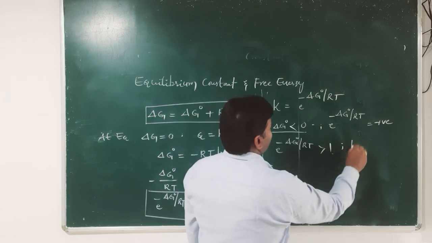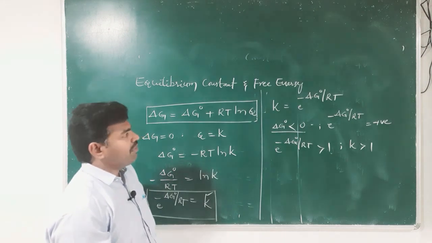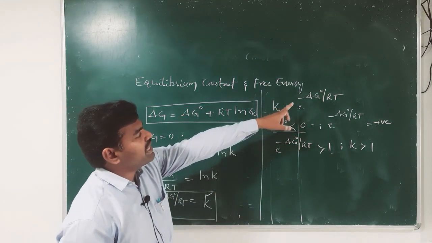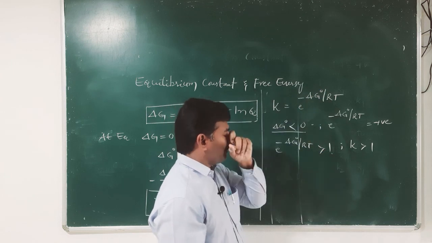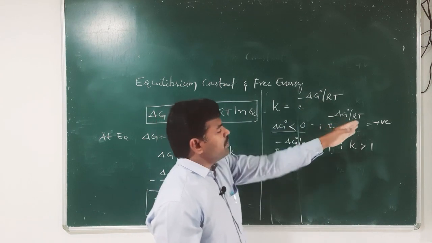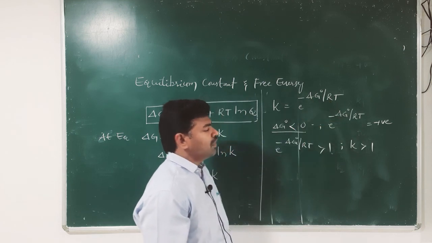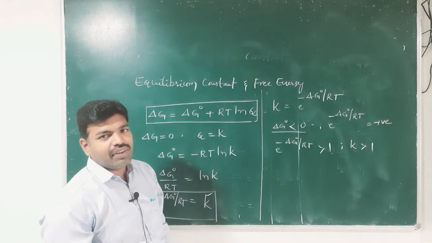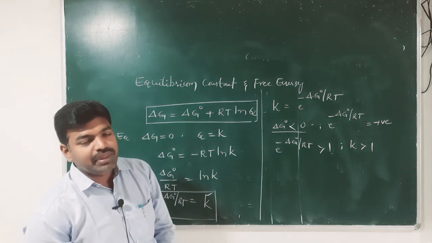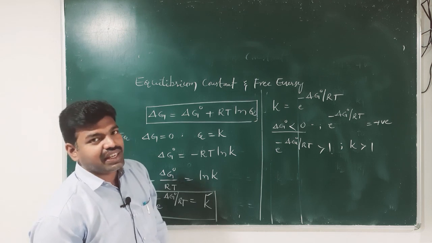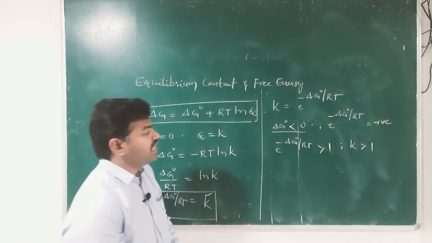That is K greater than 1, because K is equal to e power minus delta G naught by RT. Okay, K greater than 1. So, K greater than 1 means that the reaction is spontaneous.